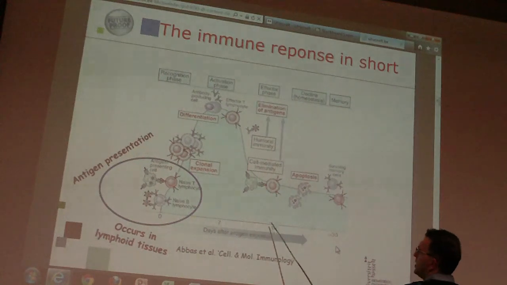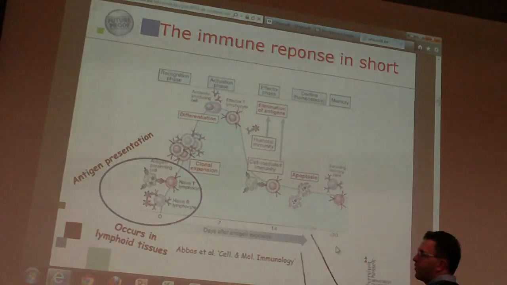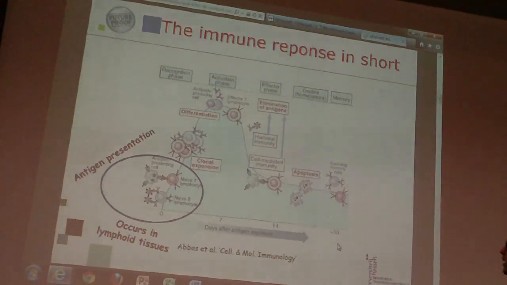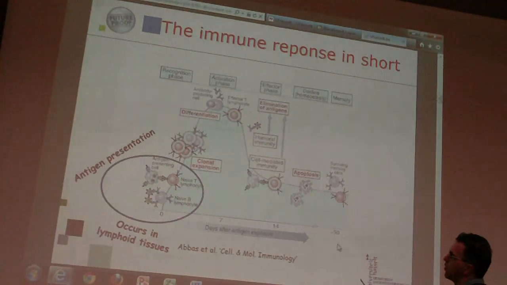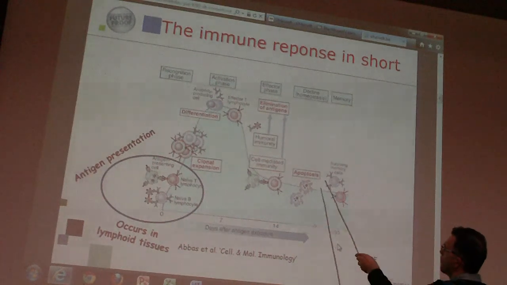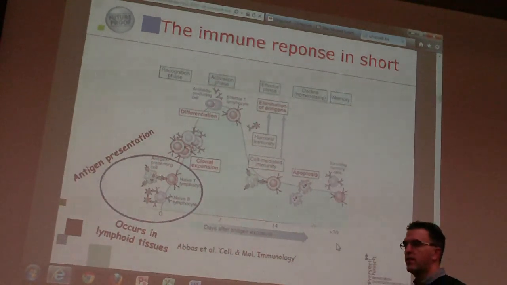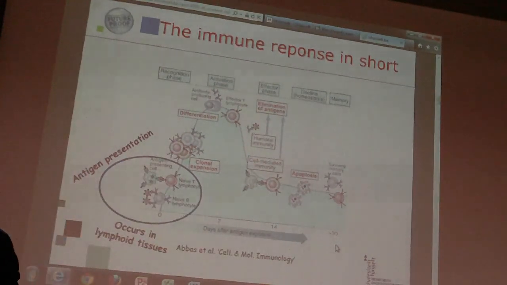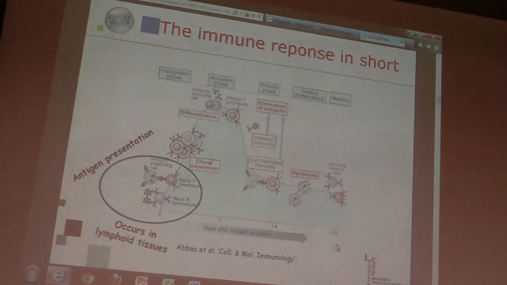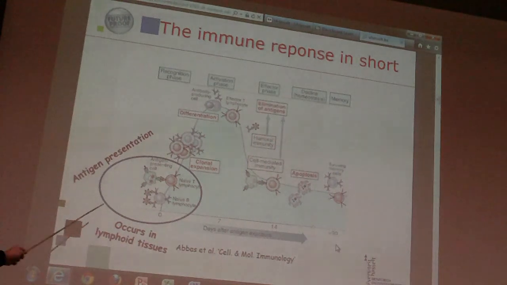So this is like 14 days. At the end, your immune system will come to rest, and you get apoptosis, or your cells are suppressed again. Some of them are surviving as memory cells, and those are really important if you will come in contact with the same microorganism again. So maybe let's look at what happened here again.